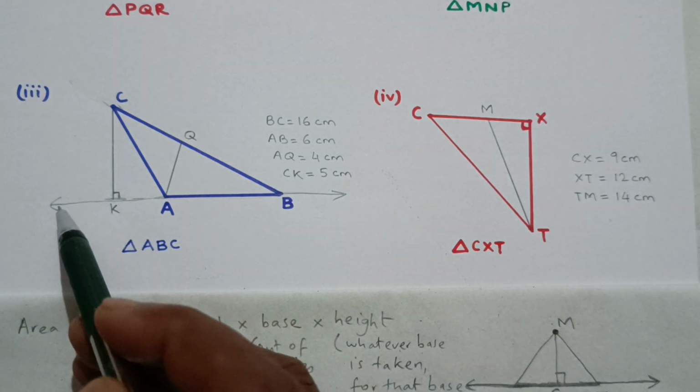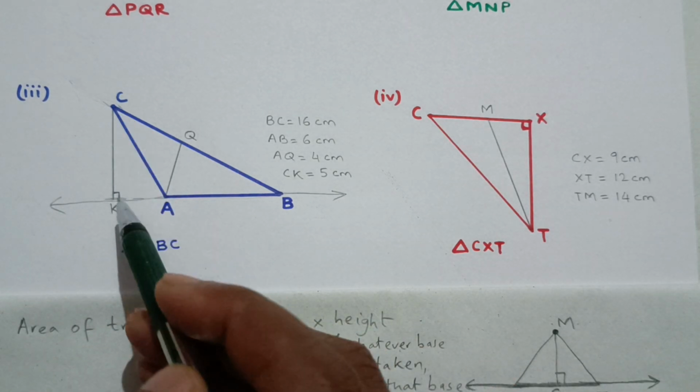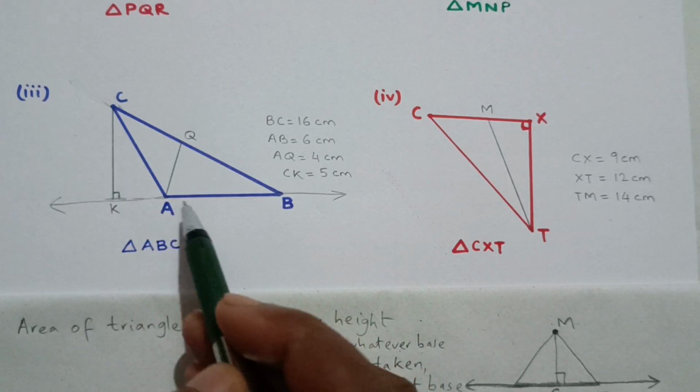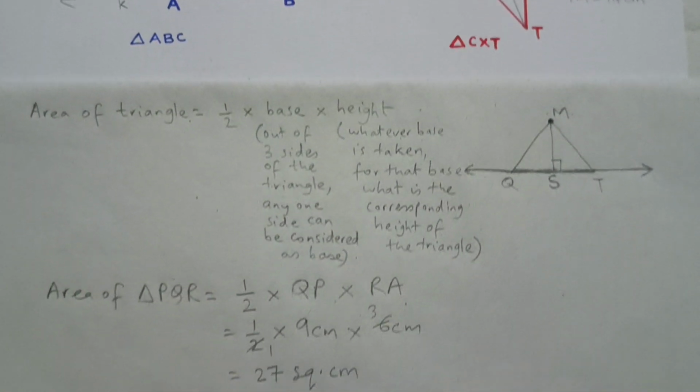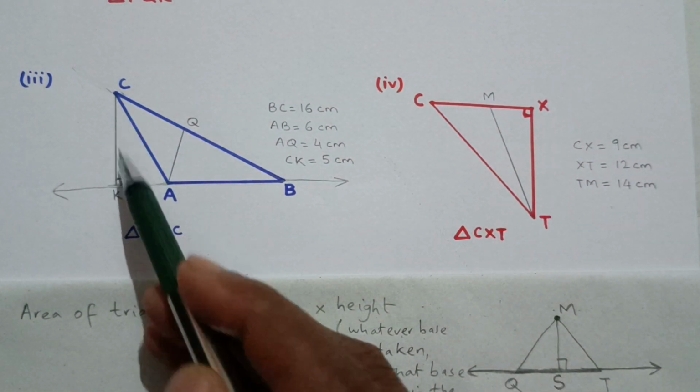So CK is perpendicular to our base. So CK is the corresponding height for base AB.